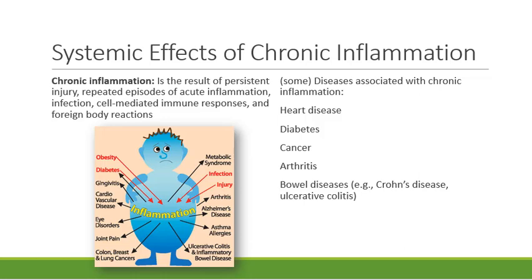So cell-mediated immune responses, these involve the destruction of infected cells in the body by the cytotoxic T cells, or the destruction of intracellular pathogens by macrophages. And also chronic inflammation can be caused by foreign body reactions. Now, some diseases associated with chronic inflammation include heart disease, diabetes, cancer, arthritis, and certain bowel diseases.